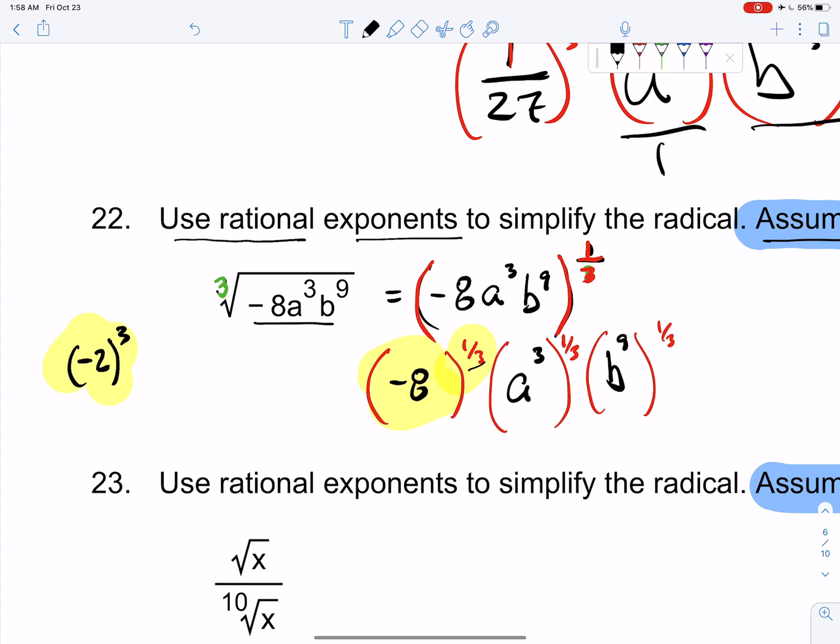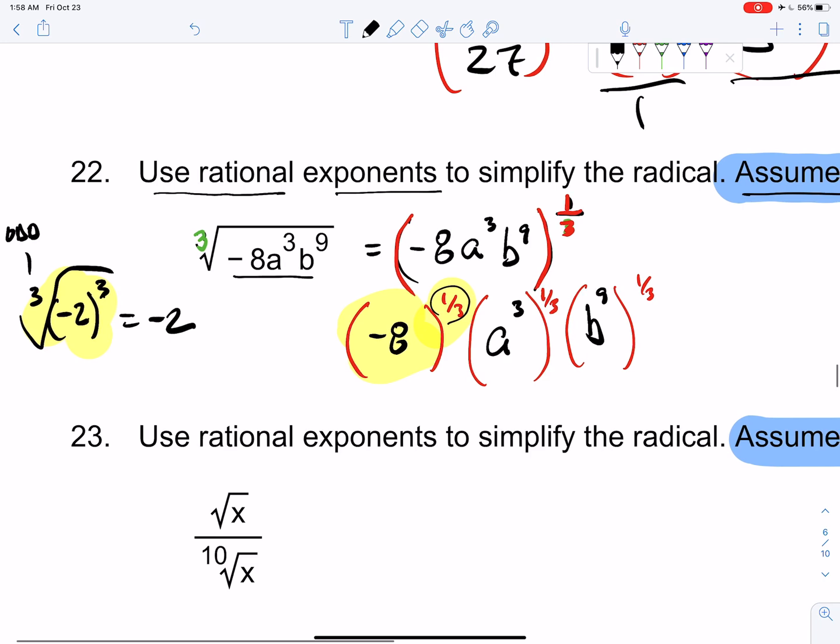And this 1/3 power is just the cube root. So the cube root of negative 2 to the third, now the power of 3 and the index 3 are matching, so the outcome is a negative 2. Once again, with an odd index, we can have a negative outcome. So this is now going to be a negative 2.